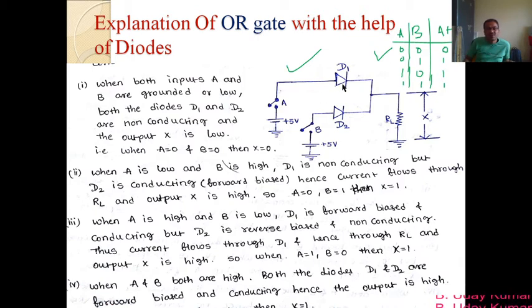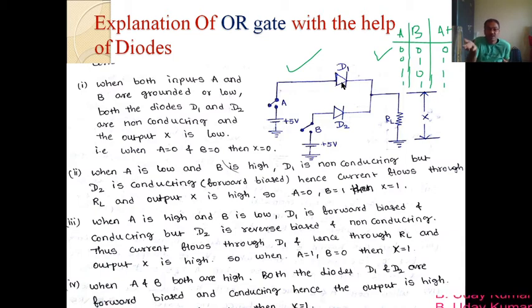You know what is a diode, right? I am not trying to explain what is a diode. You already know that it's a junction diode, PN junction diode. You know that a diode is forward biased when P is connected to high potential and the N region is connected to the negative terminal of the battery. When it is forward biased, the resistance inside the diode will be almost negligible.